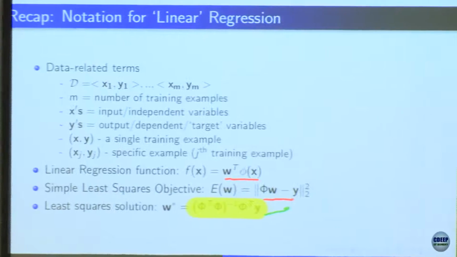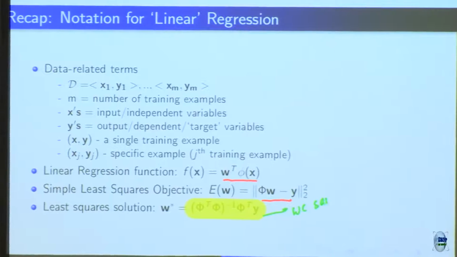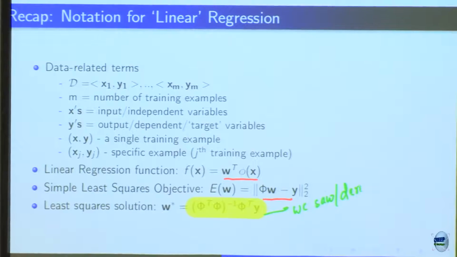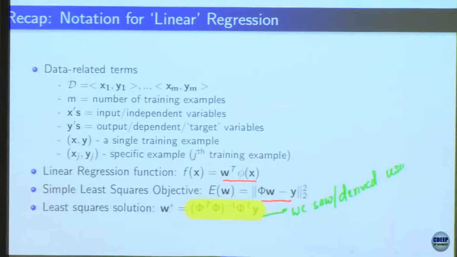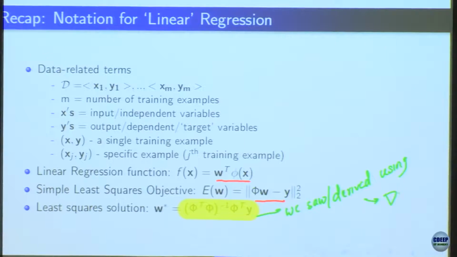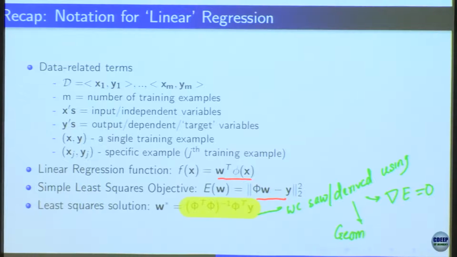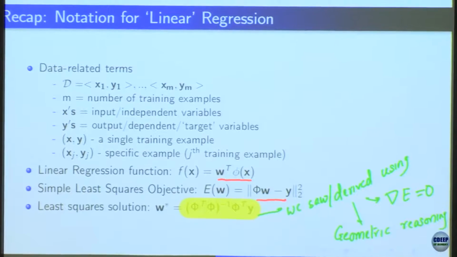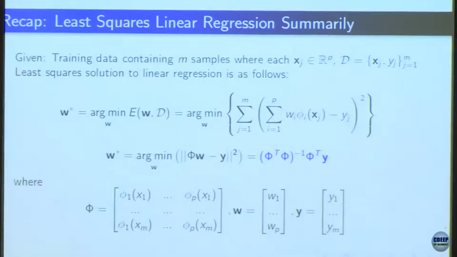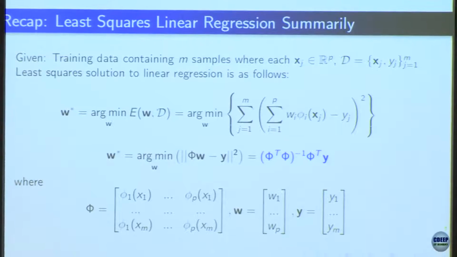So we saw, or derived, this using the setting of the gradient of the error function to 0, and geometric reasoning. You will see more of gradient now. Geometric reasoning beyond a point will be very difficult to generalize. Okay, so this is a summary.